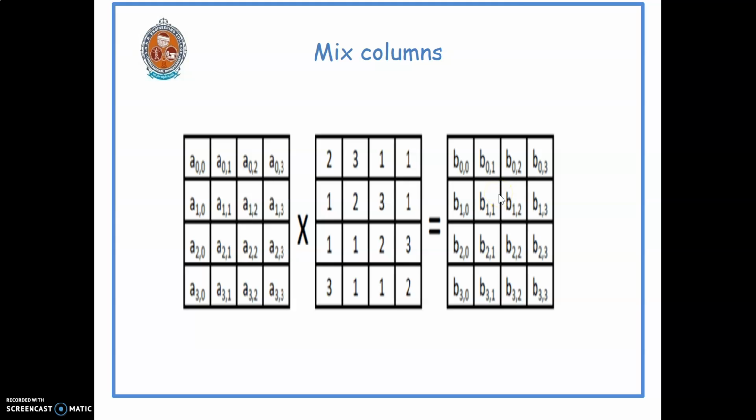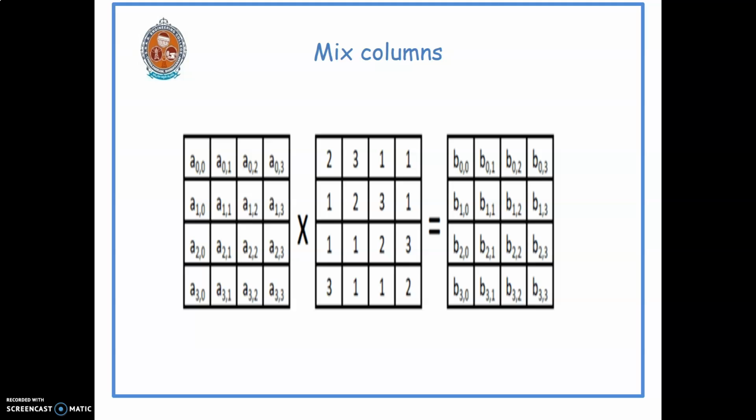And mix columns. Each column of 4 bytes is now transformed using a special mathematical function. This function takes as input the 4 bytes of one column and outputs 4 completely new bytes, which replace the original column. The result is another new matrix consisting of 16 new bytes.